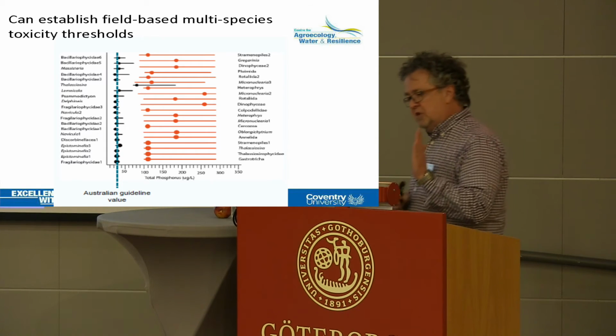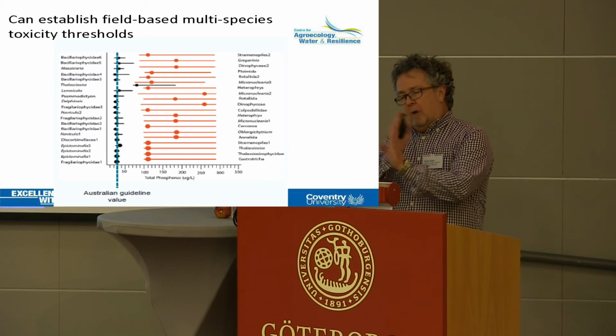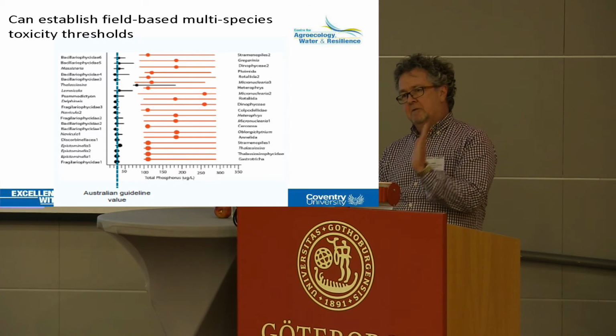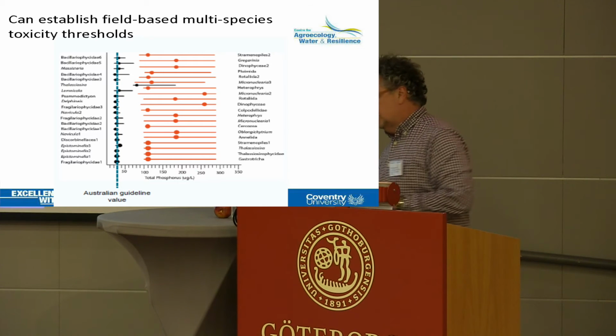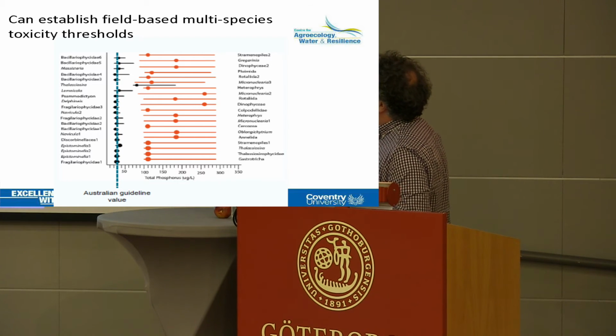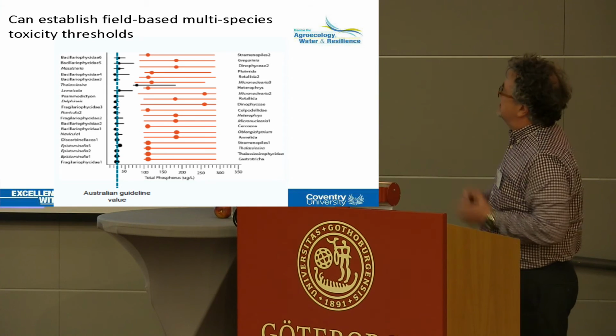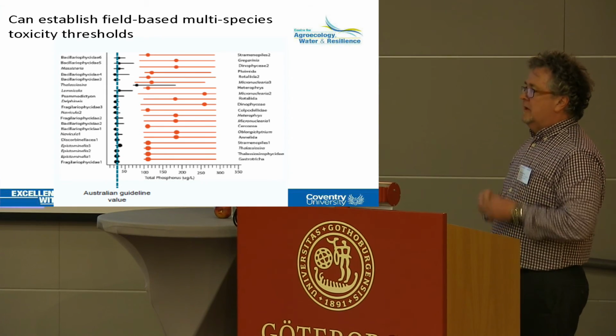And you can use the metagenomics to work out at what concentrations you start getting the sensitive species disappearing and the tolerant species dominating. And you can work out a multi-species field-based toxicity threshold.